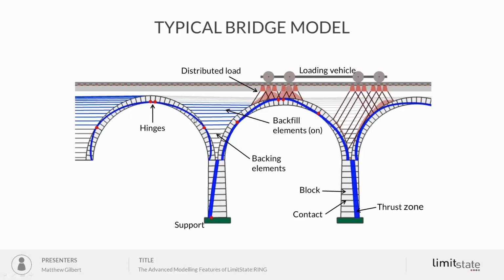You also see hinges shown in red, and also the distributed load from the applied vehicle. So this is a typical scenario after you've solved a bridge problem using the software.